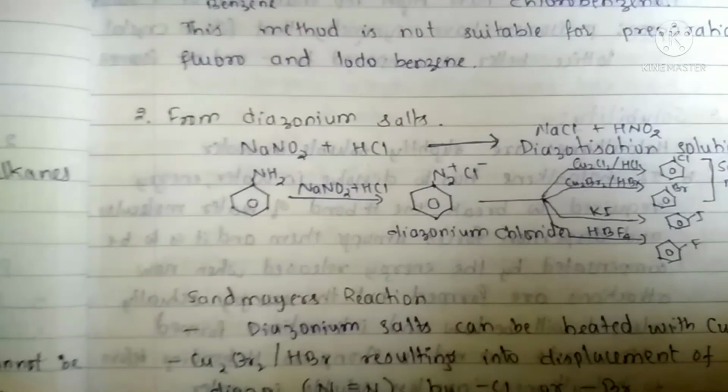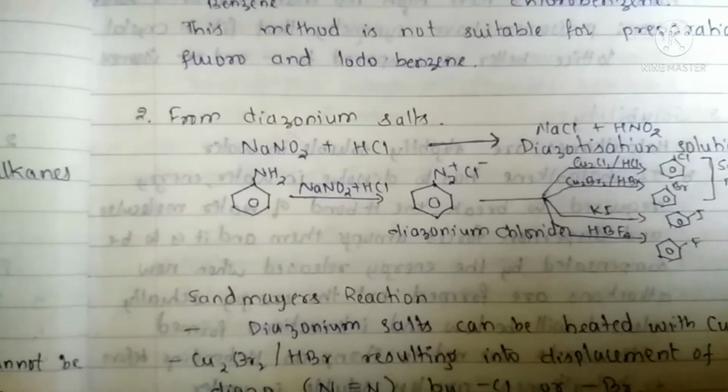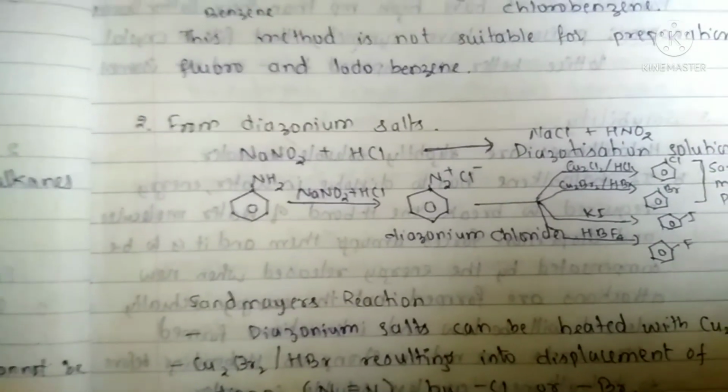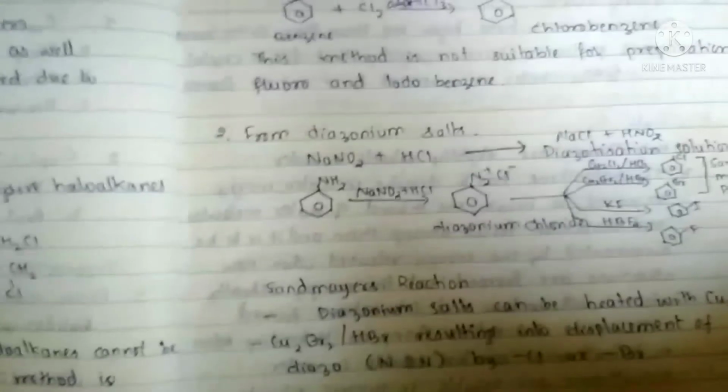We will get the fluorinated benzene ring. This is how we synthesize haloarenes. By this, I guess you are now clear with the preparation methods and the nomenclature of haloalkanes and haloarenes.